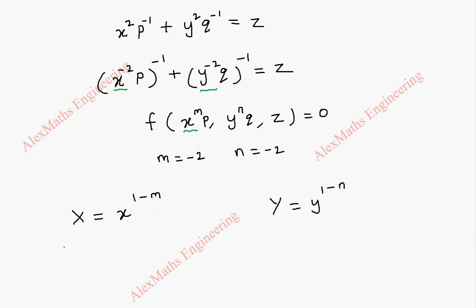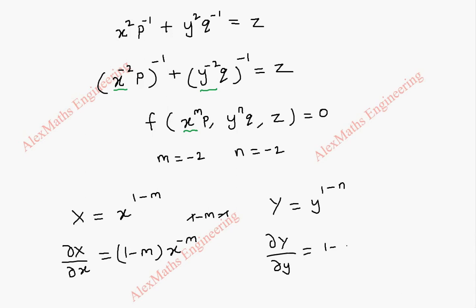So from this we can find dou X by dou x, which is its differentiation: 1 minus m into x power 1 minus m minus 1. So we get x power minus m. In the same way, dou Y by dou y will be 1 minus n into y power minus n.